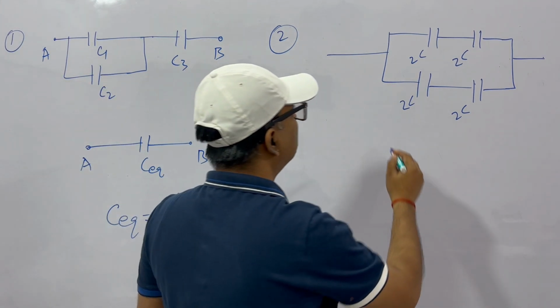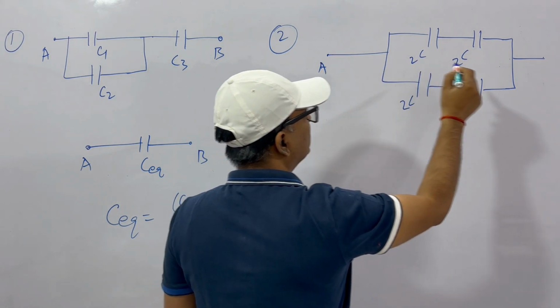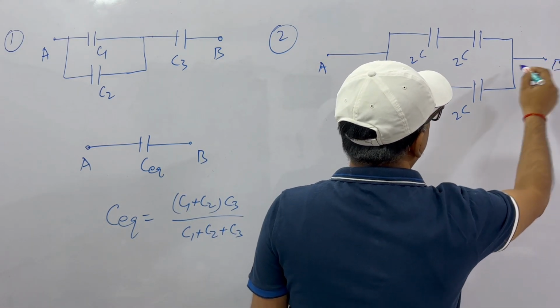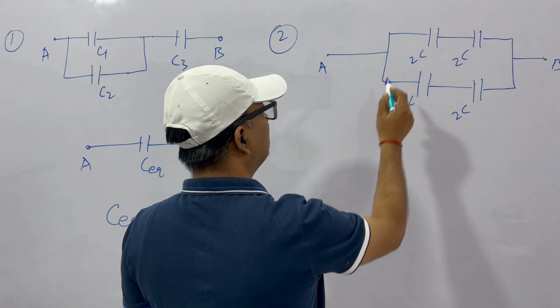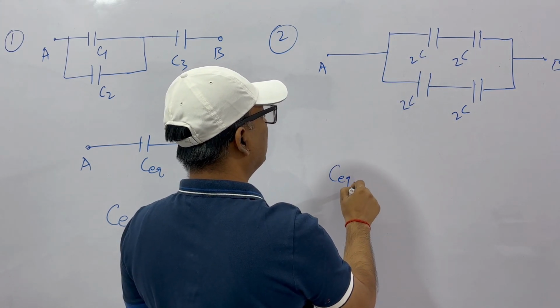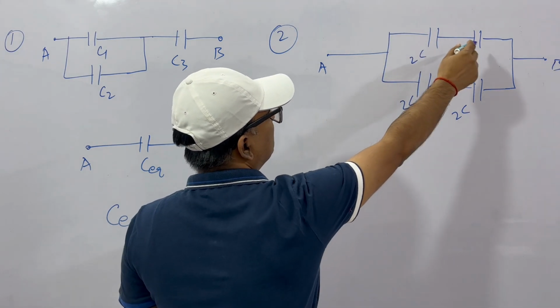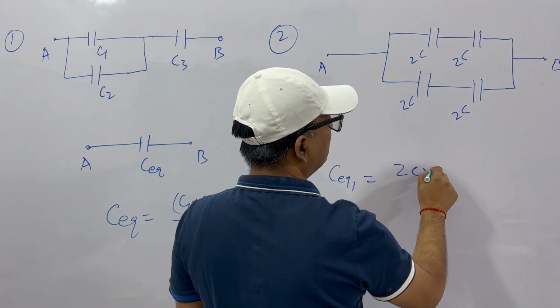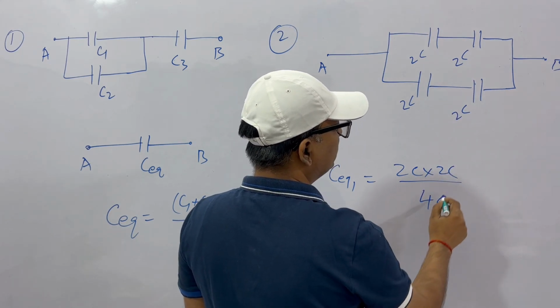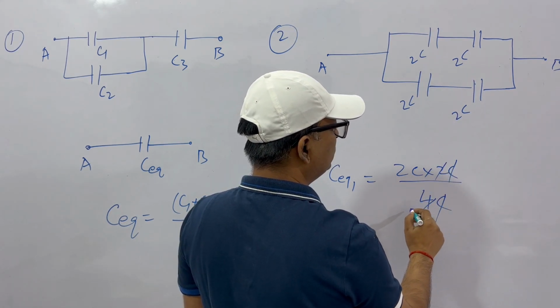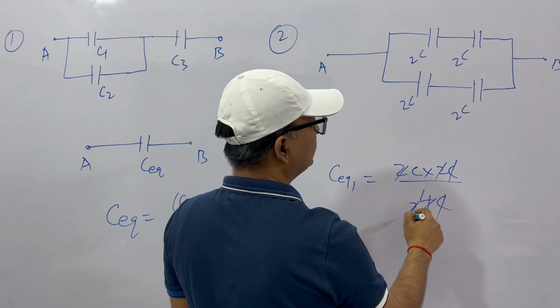Now similarly, let's see. If this node is A, this node is B. We have these two in series. So when two are in series, how to find C equivalent? These two: 2C into 2C and then 2C plus 2C, that is 4C. So what do we get? C cancel, 2, 2, 2 and then 2. So what do we get?